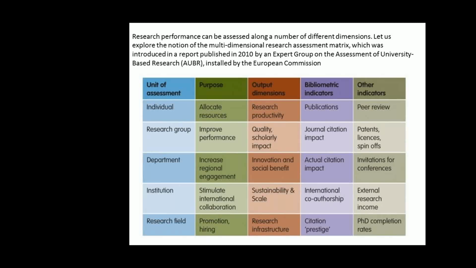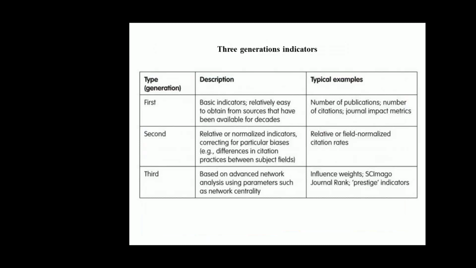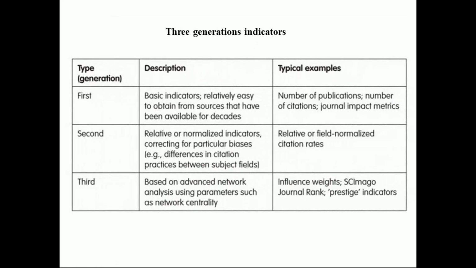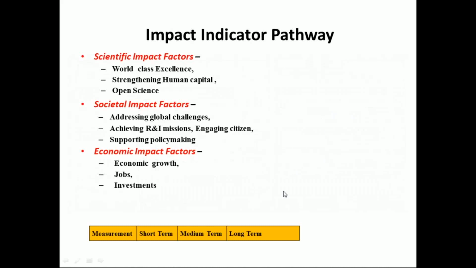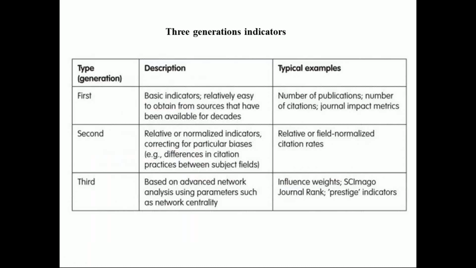These indicators, we can have 3 generations. In the case of first generation, basic indicators relatively easy to obtain from sources that have been available for decades: number of publications, number of citations, journal impact metrics. Second, relative or normalized indicators, correcting for particular bias, differences in citation practices between fields.